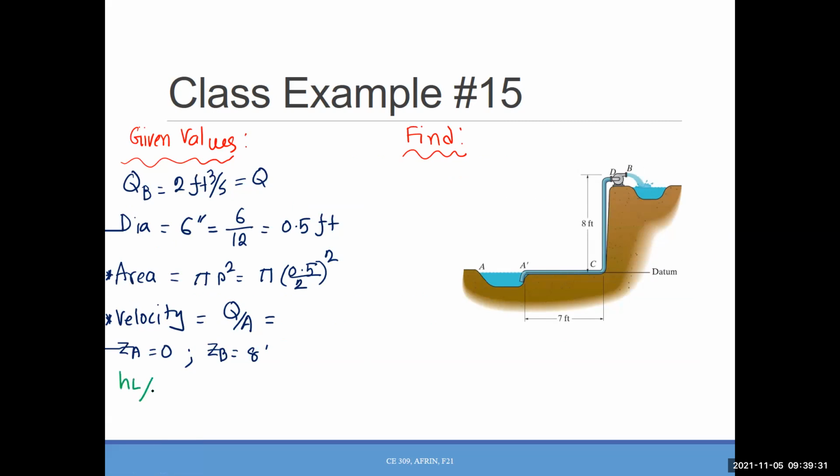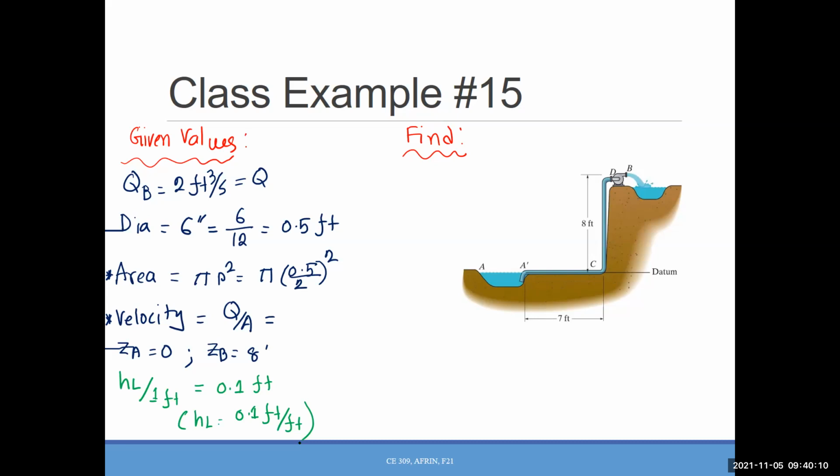Head loss per 1 foot is 0.1. Sometimes they can give you, okay, head loss is 0.1 foot per feet. If they say it this way, it's the same thing. You need to make sure you understand what they are saying.